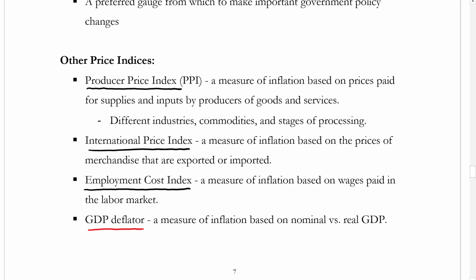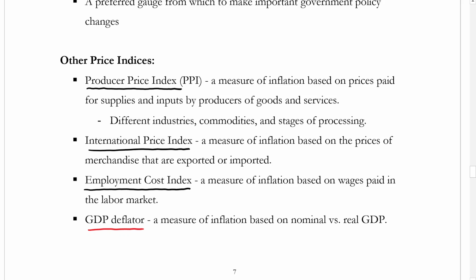And then the GDP deflator is also another one, whereas with the consumer price index, which has a fixed basket of goods and it allows prices to fluctuate, GDP deflator essentially has fixed prices and allows quantities to fluctuate. And it just gives slightly different numbers, usually slightly lower than the consumer price index.